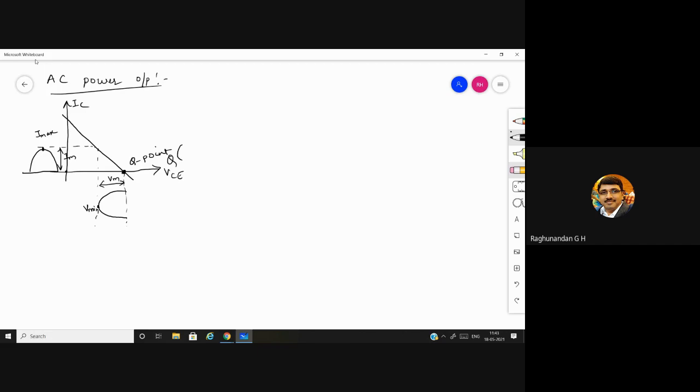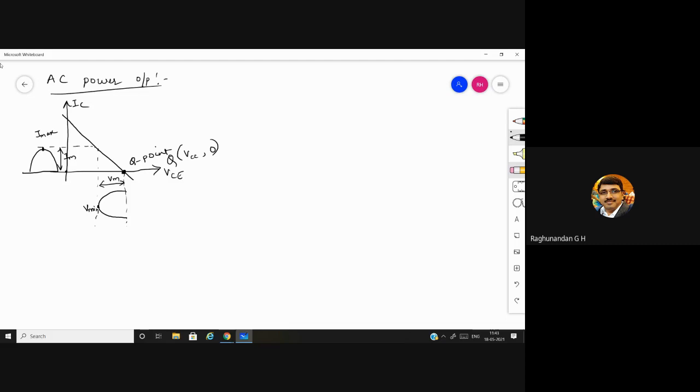If you have a point at this Q point, what will be the Q point value? VCC, 0. That is the point.